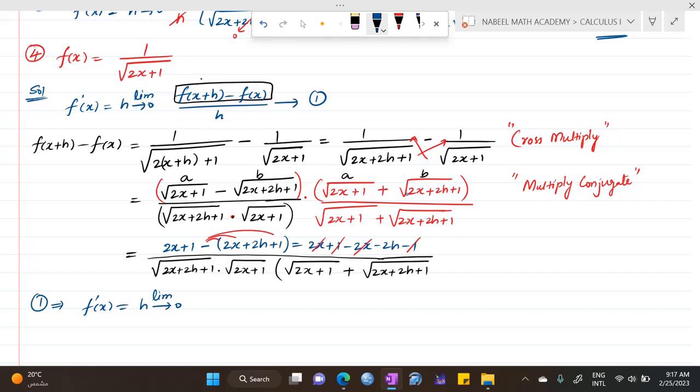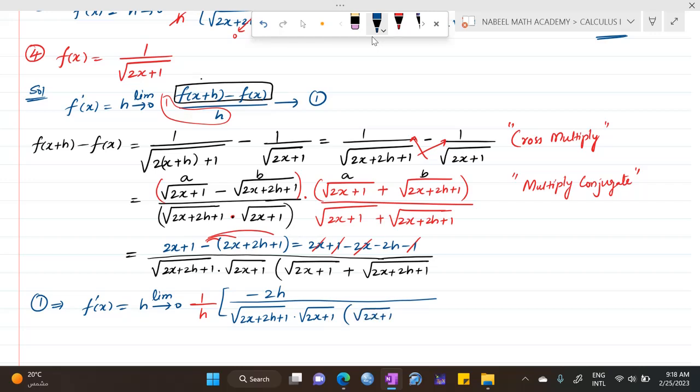So I will write this 1 over h as 1 over h, and the remaining part is the simplified part, which is minus h whole over square root of 2x plus 2h plus 1 into square root of 2x plus 1, which is a common factor for both the terms, square root of 2x plus 2h plus 1.